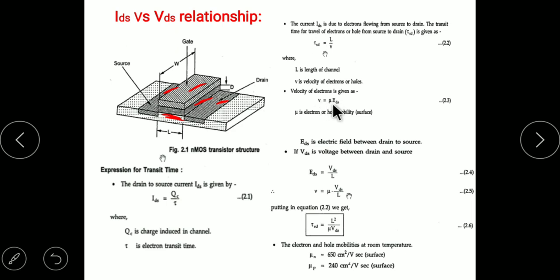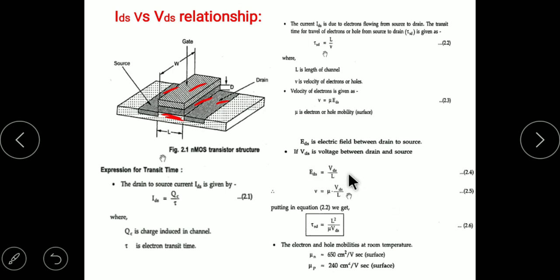We know the relationship between electric field and applied voltage. Due to applied voltage VDS along this channel, electric field EDS will be developed. Then the electric field EDS is equal to VDS divided by L.